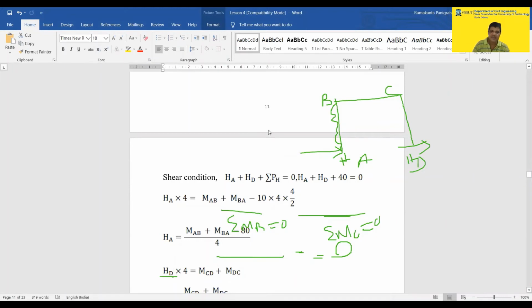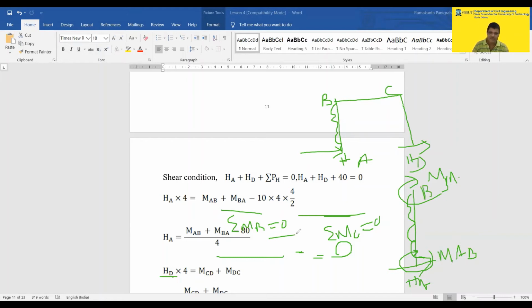Now if we take this HA, this is HA, this is your UDL, this is your MAB clockwise, this is MBA, both are clockwise. Now take moment about B equal to 0.